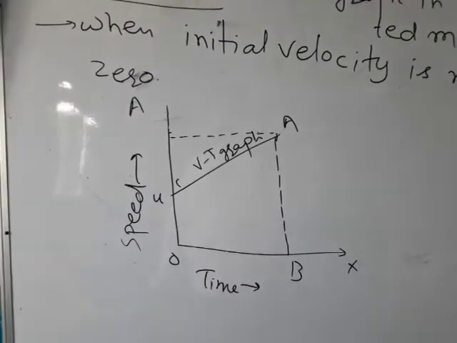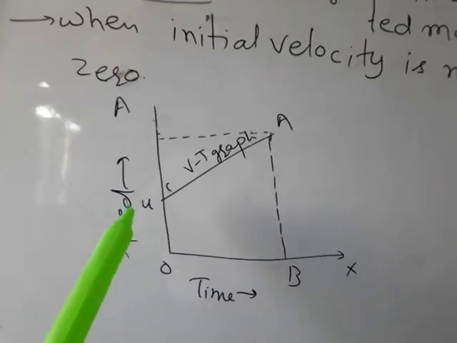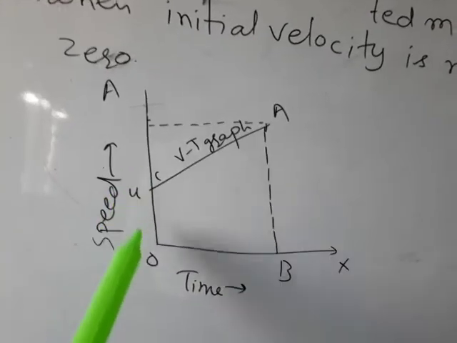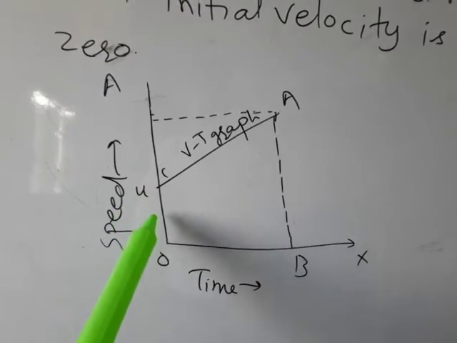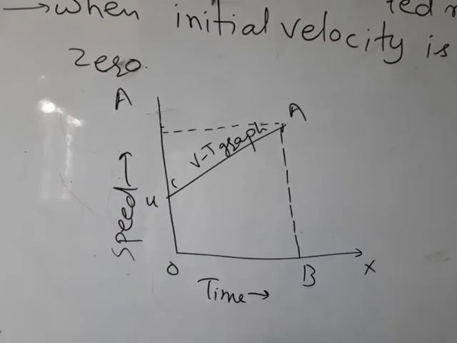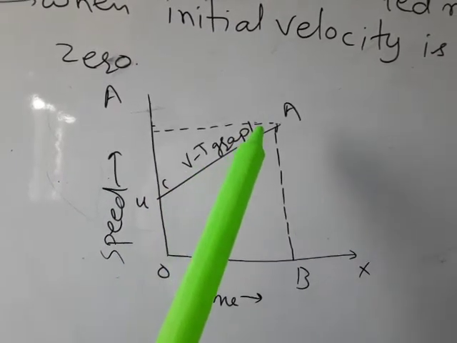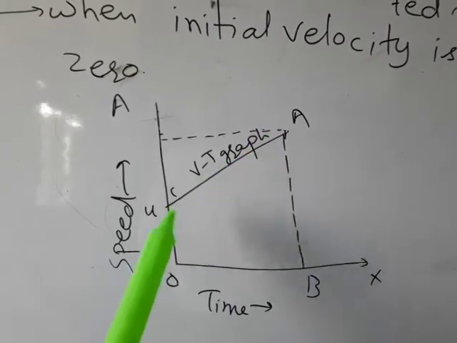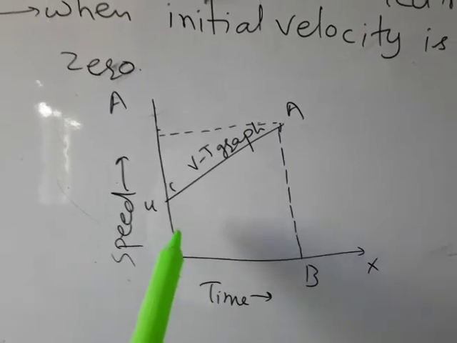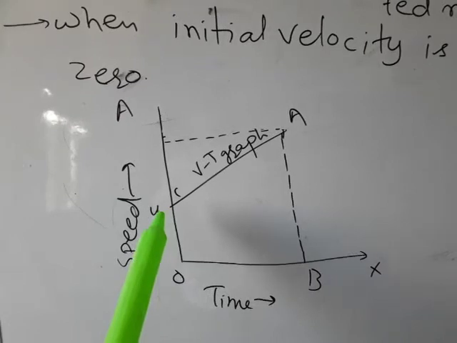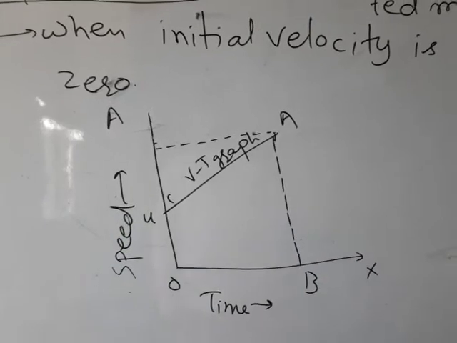The v-t graph in such a case will not start from the origin because u is not equal to 0. Then the graph will be an obliquely straight line going upward but not starting from the origin. It will start from the y-axis or speed axis.